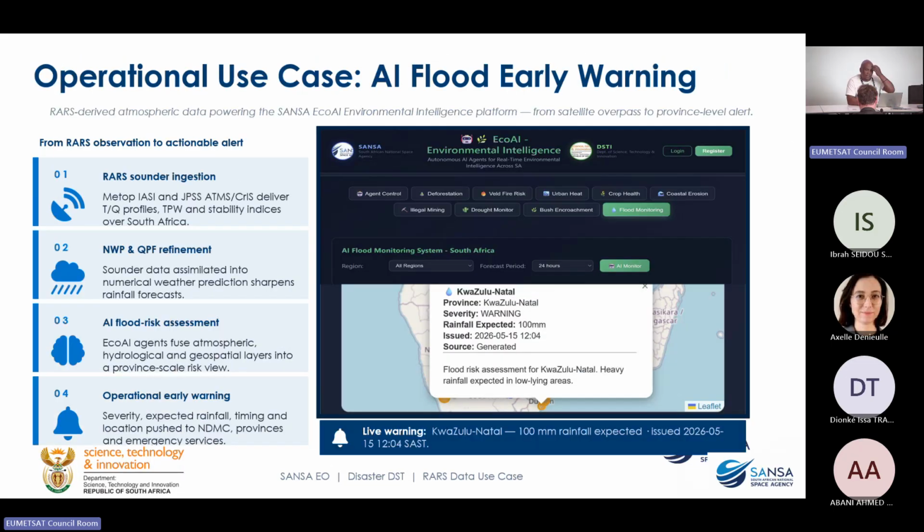And this is the latest case. We had floods in KZN, which is another province in South Africa, where there is one of the biggest harbors as well. We did get a rainfall warning, I'm not sure of the date, but the rainfall expected was 100 millimeters, and it did come, and there were floods.